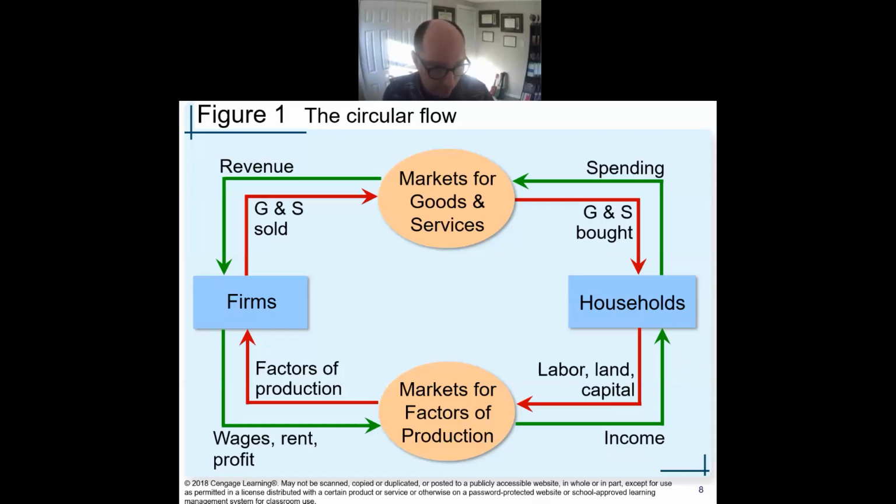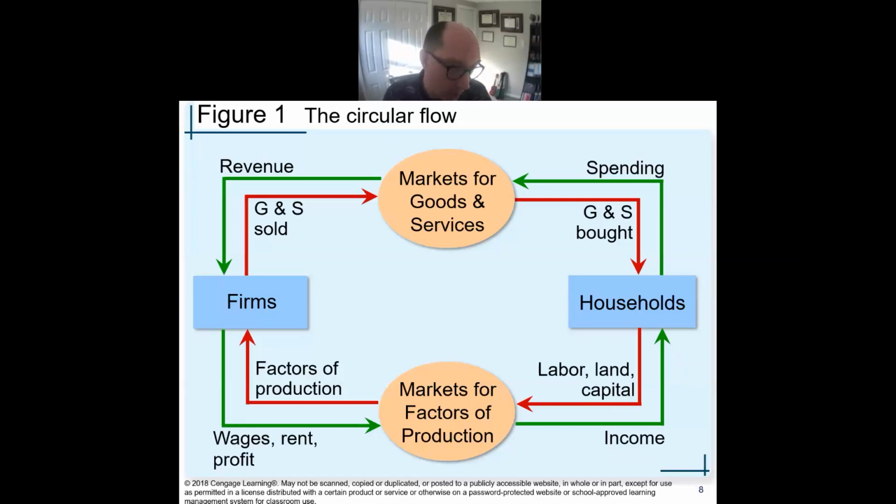What goes into the company represents the factors of production. Factors of production include things like labor, land, capital. Labor, that's the manual labor that goes into making a product. Land, that's the factory that the goods are being manufactured in.